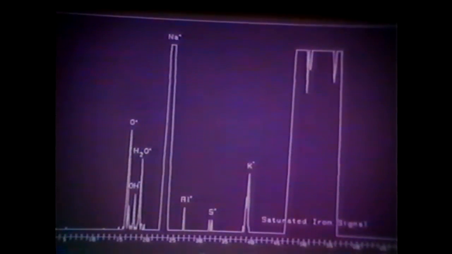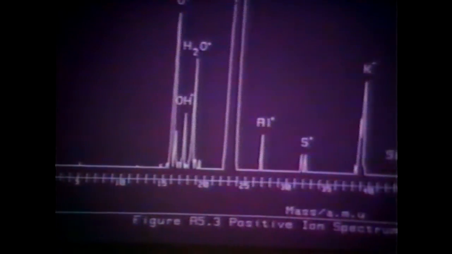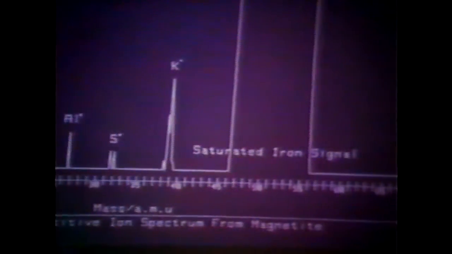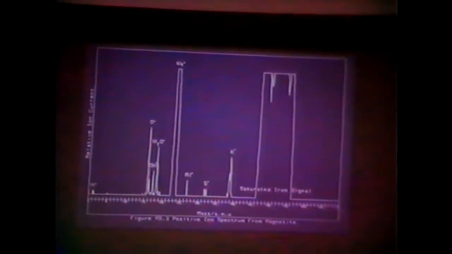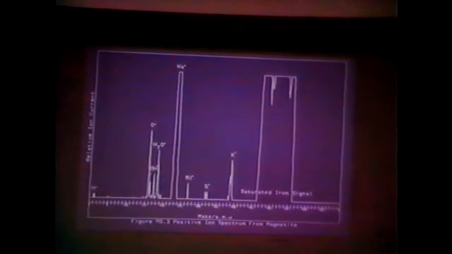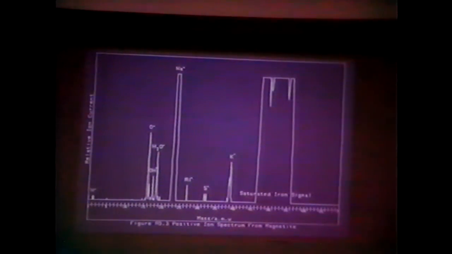LIMA basically is the firing of a laser pulse at a very, very small area of the surface. So one gets a power surge of 10 to the 12 watts per centimeter squared, and this causes a plasma to vaporize, and the resulting ions are then directed by a time-of-flight mass spectrometer to the detector, and you pick up the different ions that evolved.